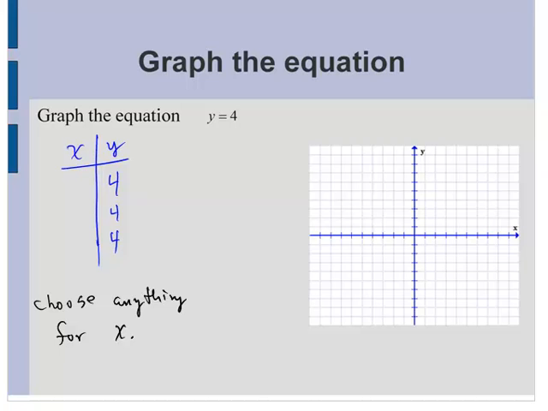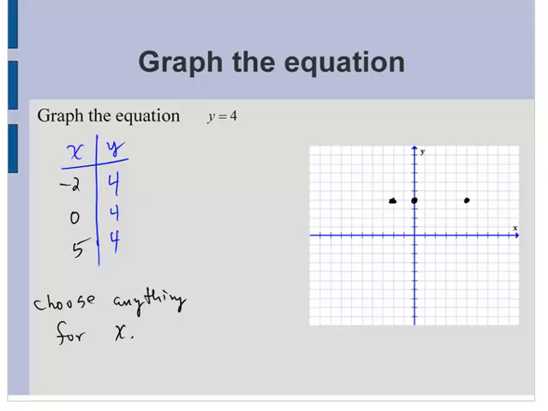So understand what this equation is saying. It's saying the y value must be 4, but we can choose anything for x. So how about -2, 0, and 5? All right, plotting these points. Let's see, -2, 4, 0, 4, and 5, 4.